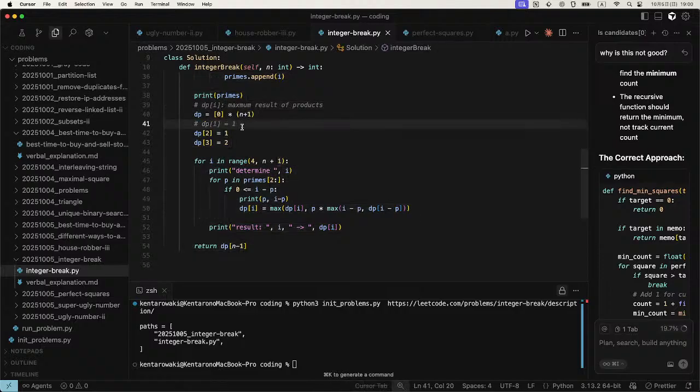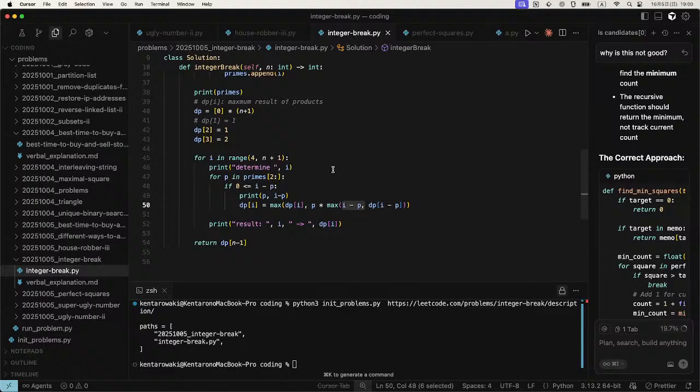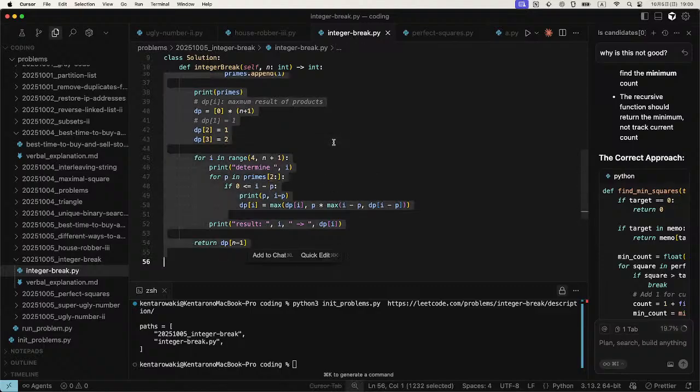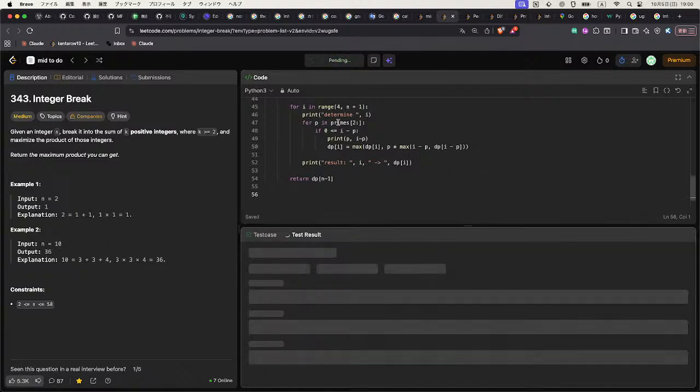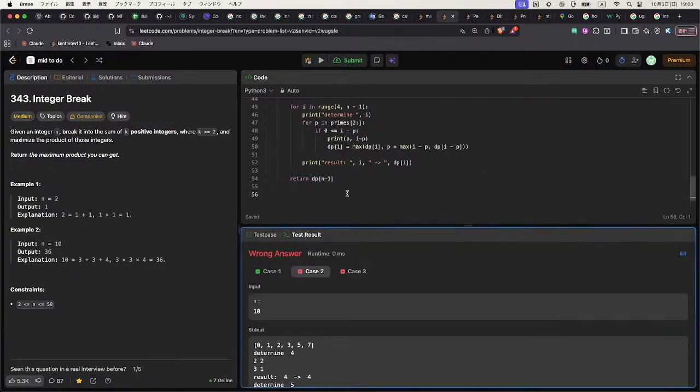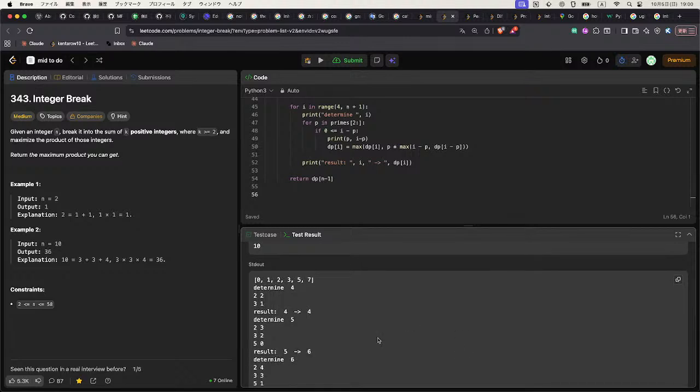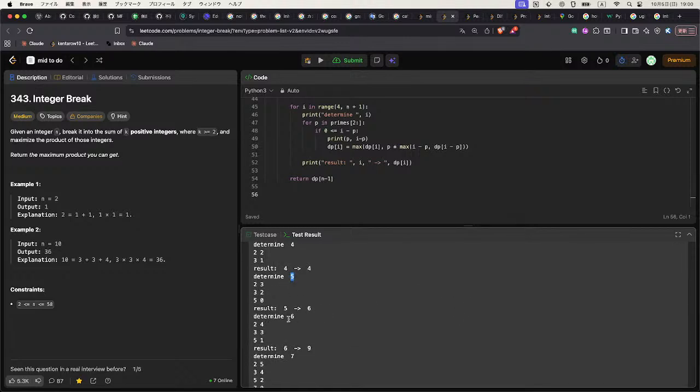So this is not correct. So for 5, 6 is the biggest. For 6, 9 is the biggest number.